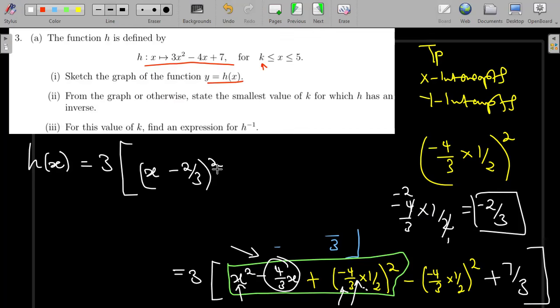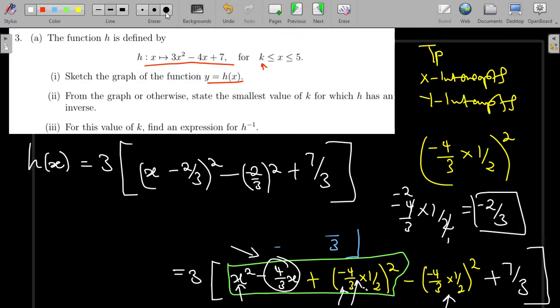Okay, so make sure you can check that if you expand this, you're going to get back whatever is in the green box here. And then I'll say minus what has remained here. Inside here we have found that that is just -2 over 3. So I'll write the -2/3 inside there, and then squared, and then plus 7/3, like that.